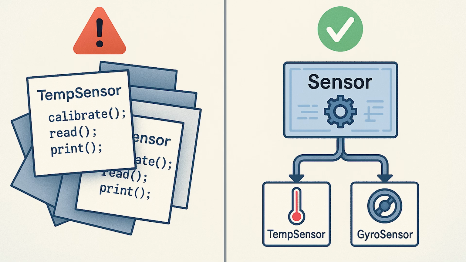So now let's build the shared brain, one big base class that all our future sensors can inherit from, line by line, and then we'll see how that goes. I think when I start building the code, you will have a better understanding of inheritance.